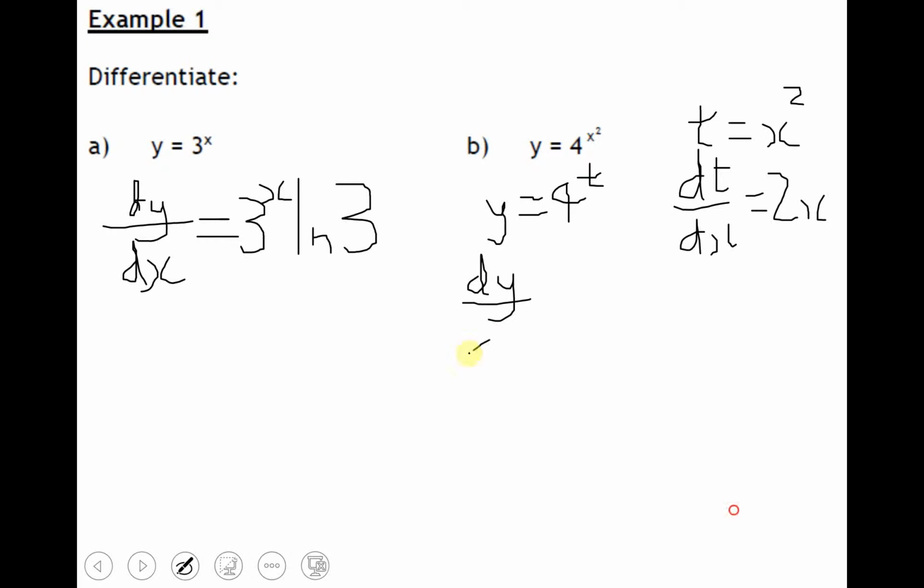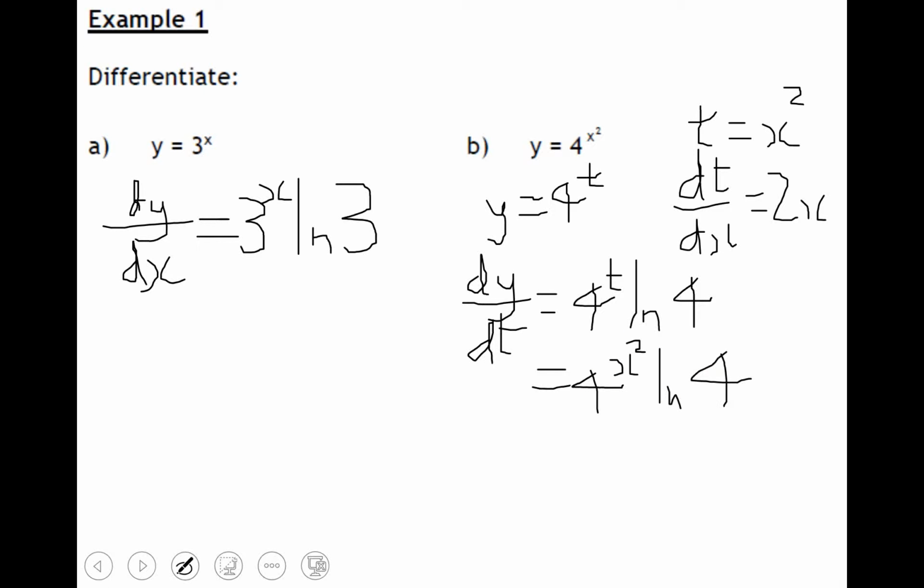So dy by dt equals 4 to the t ln 4, which is 4 to the x squared ln 4. So dy by dx, which is dy by dt times dt by dx, is 2x times 4 to the x squared ln 4.